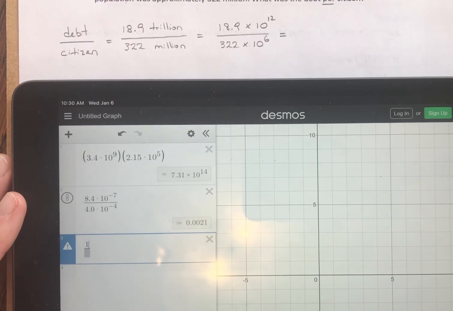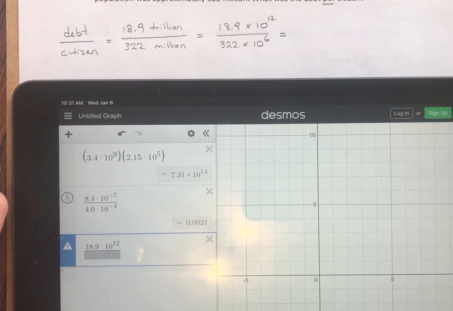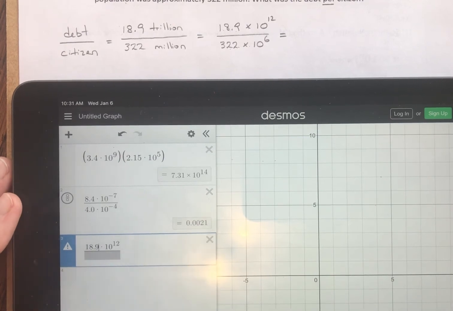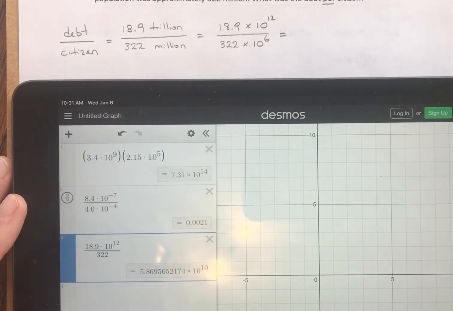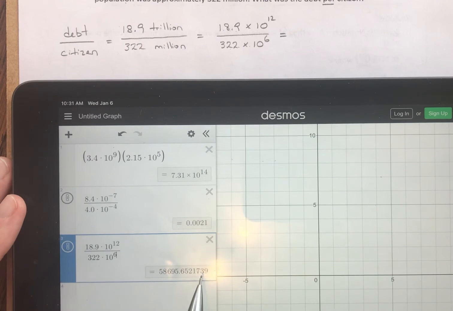Okay, debt, 18.9 trillion, times 10 to the 12th. Divided by number of citizens, which is 322 million. So 322 times 10 to the 6th power, and you can see we have the answer.